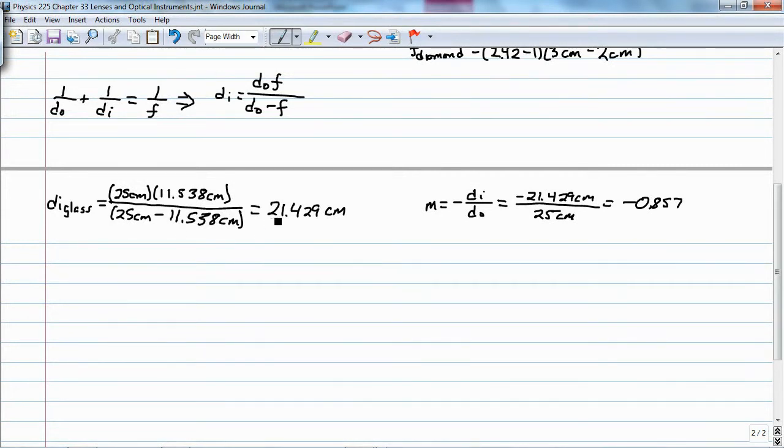So now I have the image for the glass. That image becomes the object for the quartz.